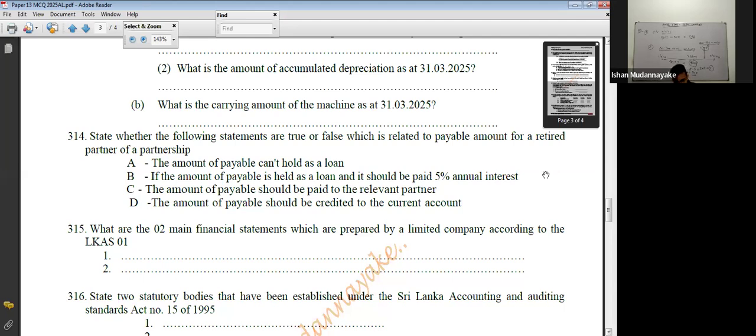If they pay in cash, cash credit, capital account debit. But if the business is not going to pay that amount, the payable amount should be transferred from the capital account to a loan account. Capital account debit, loan account credit. D is false. B and C true, A and D false.